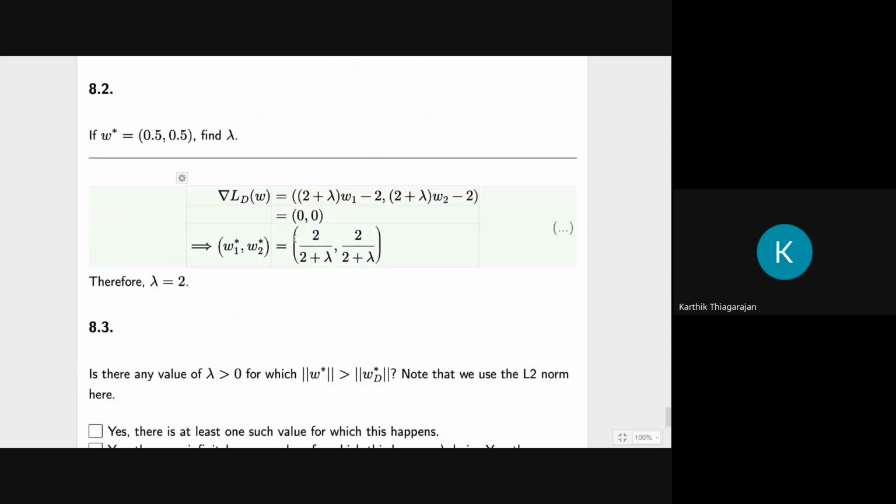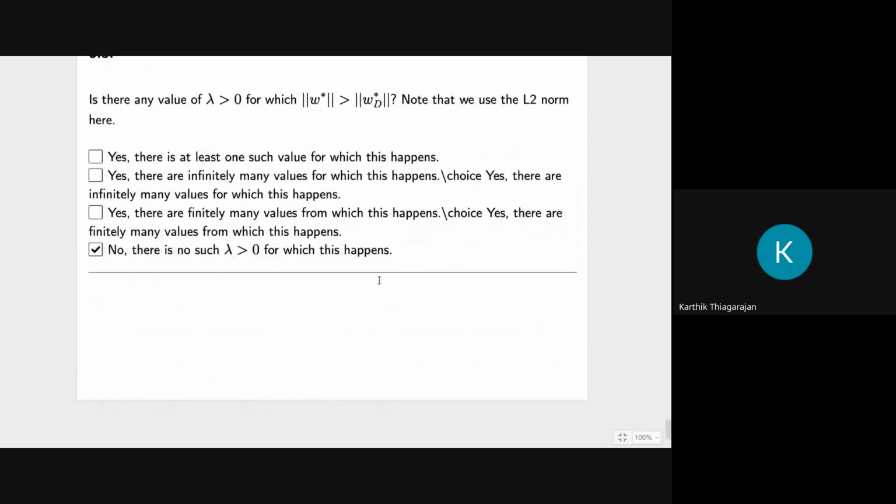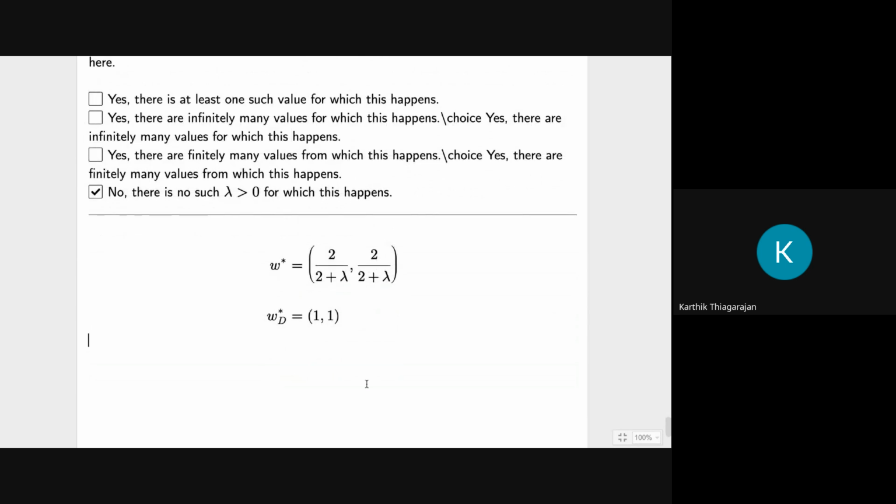Why? Let's take a look at this. This is W star, and this is WD star, the one without regularization, which is 1 comma 1. So pure algebra arguments will tell you that the denominator for W1 star, or W2 star, both of them, is always greater than the numerator, for lambda greater than 0.